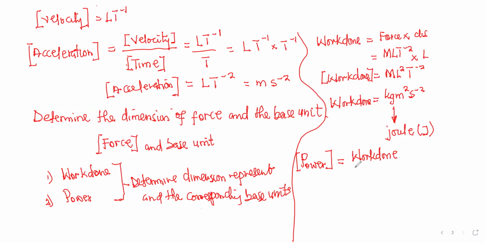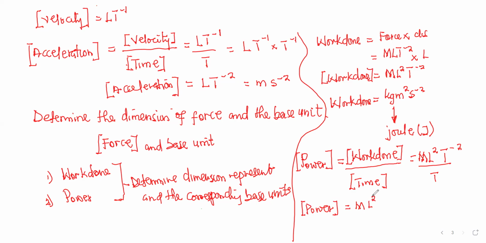Since we found the dimension of work done, ML squared T exponent negative 2, and time is capital T, the dimension of power will be equal to what? ML squared T exponent negative 3. Good.